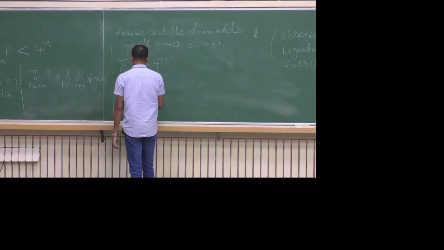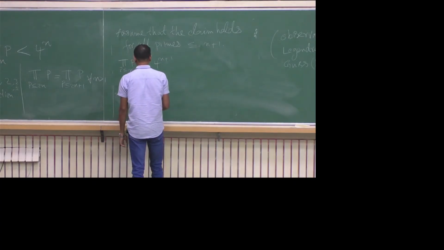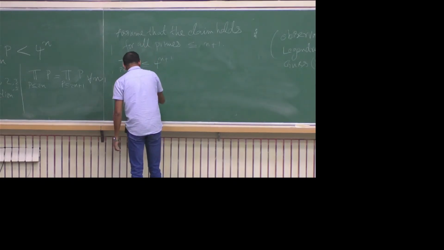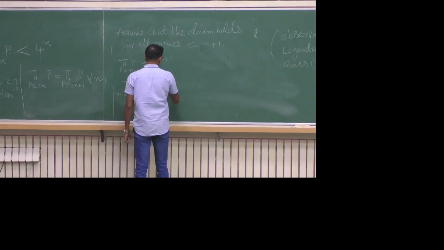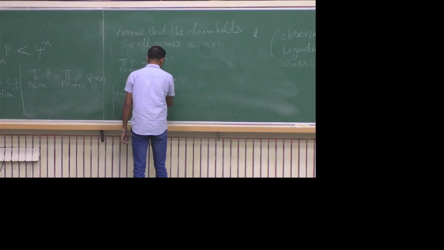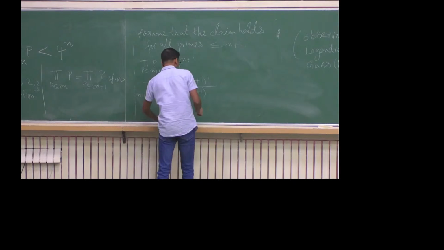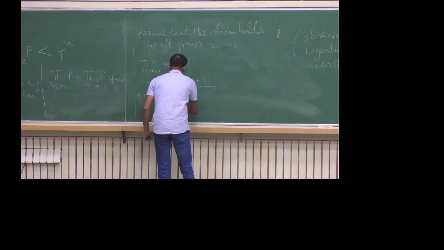We have already taken that by hand. And this number divides 2n plus 1 factorial divided by n factorial times n plus 1.